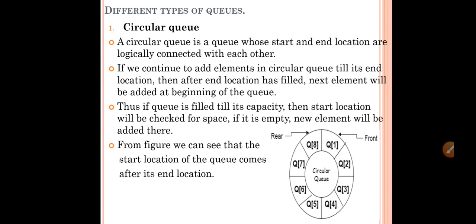We can check whether the queue is full or underflow. How? If the rear and front both are pointing to the same location, it means the queue is empty. Okay, if the front pointer is pointing to the first location and the rear is pointing to the last location of that circular queue, it means the queue is full. Okay, so we can check like this in a circular queue.